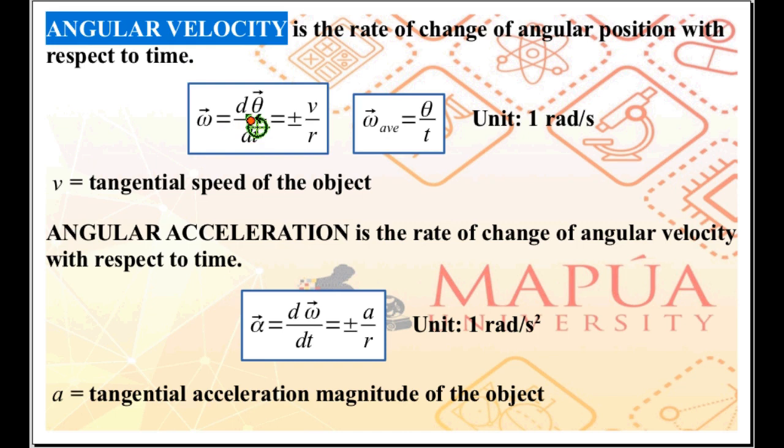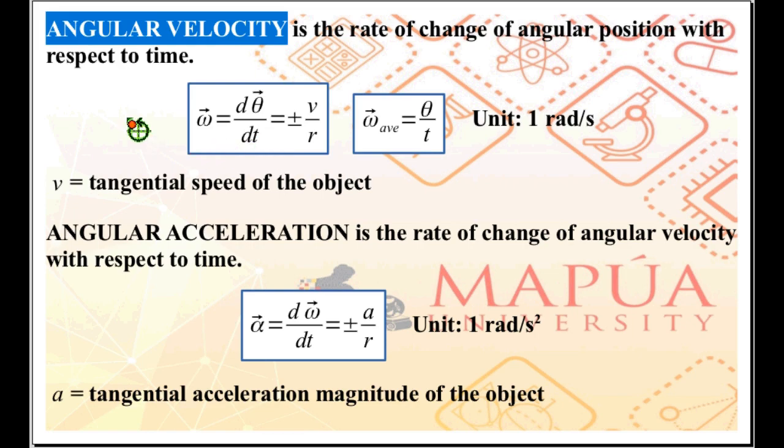Omega is equal to d theta over dt, the differentiation of theta with respect to time. We can also look at this equation as d theta divided by dt, a very small change in theta divided by a very small change in time. So angular velocity is equal to d theta over dt.